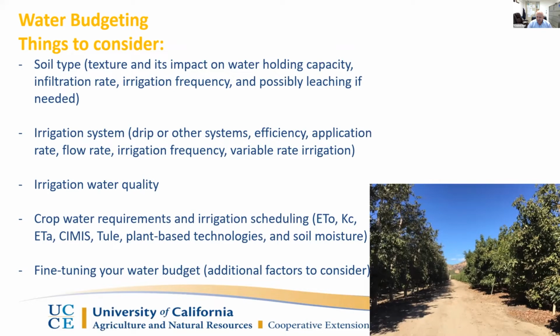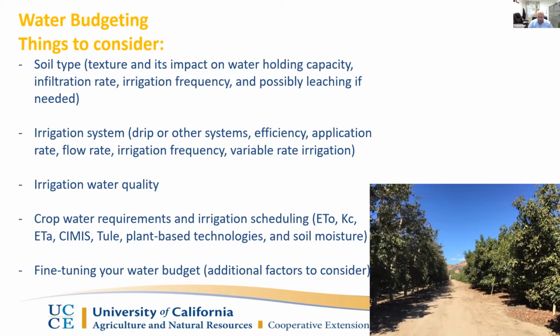The irrigation efficiency is important as well. Typically with pressurized irrigation systems, you have higher efficiency. We want to look at the application rate. How many inches are we applying every hour? If we're running the system for 5 hours, how many inches are we getting? And we want to compare it to the original design of the system.